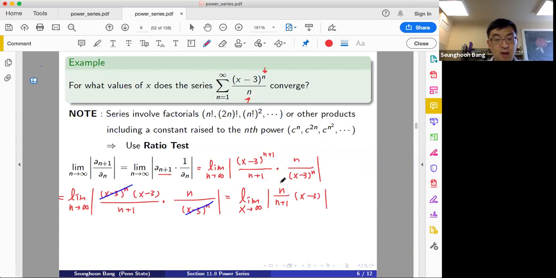The n over n plus 1 is a positive number, so we can take it out. So we have the limit as n approaches positive infinity of n over n plus 1 times the absolute value of x minus 3. What's the limit? Could you write your answer on the chat board?